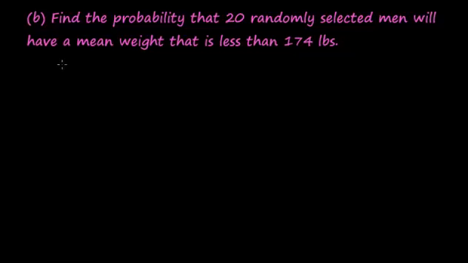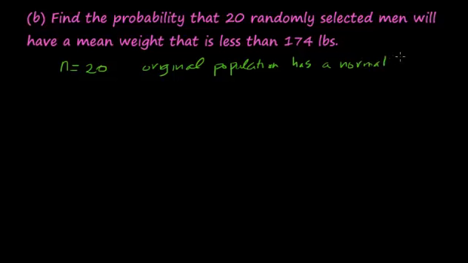Well, we're using a sample size of 20, but remember, if we have a small sample and the original population has a normal distribution, that's what we were told in this problem, the central limit theorem applies.